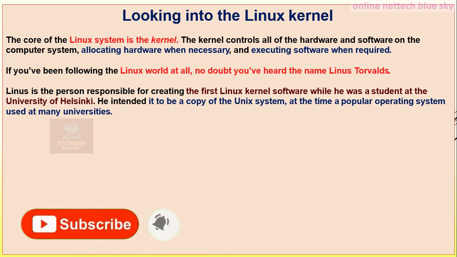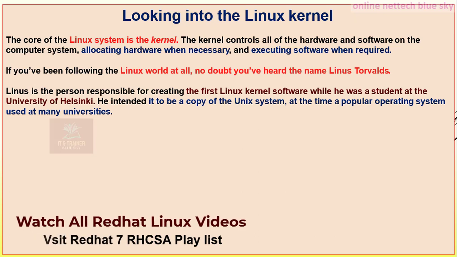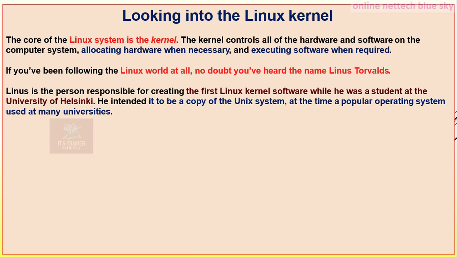This man created the Linux operating system and software while he was a student at the University of Helsinki. This Helsinki university student created the first Linux kernel software. He intended it to be a copy of the Unix system.